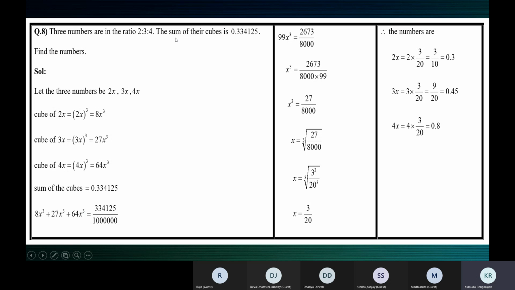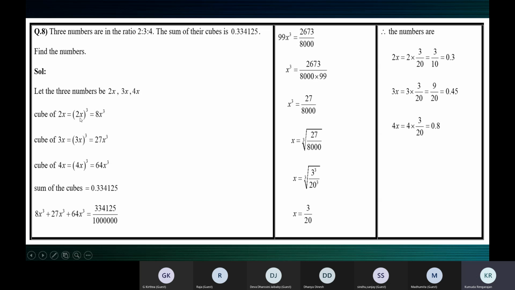The sum. That means you should add. What should you add? The sum of their cubes. You must not add the numbers. You must add their cubes. So if the numbers are 2x, 3x, and 4x, what are their cubes?